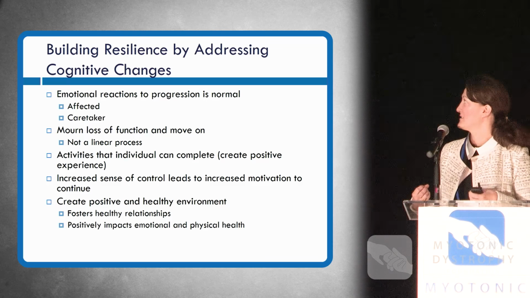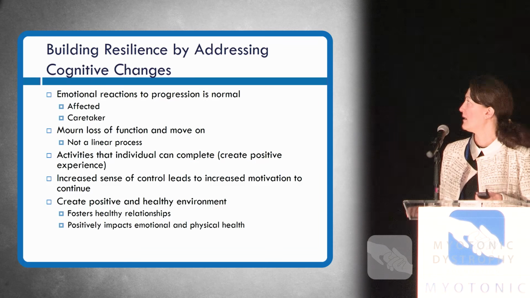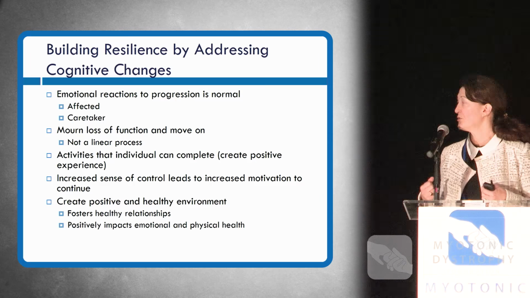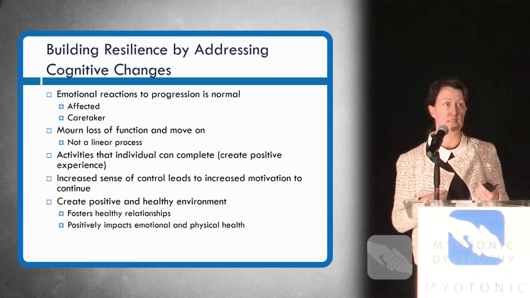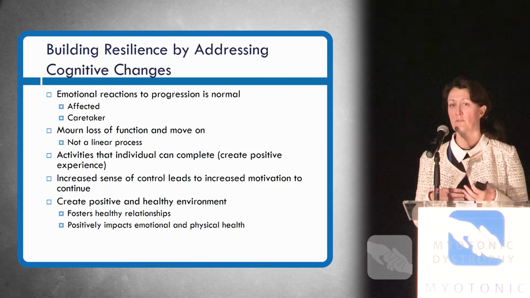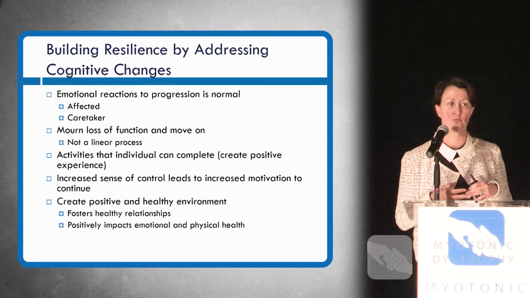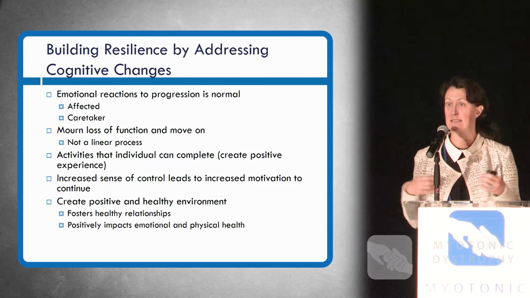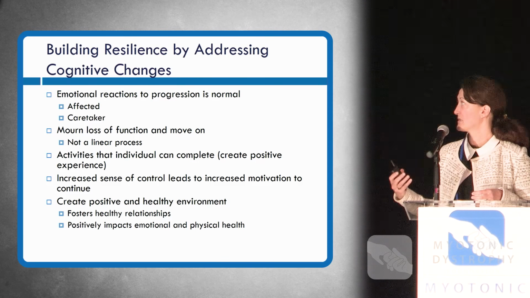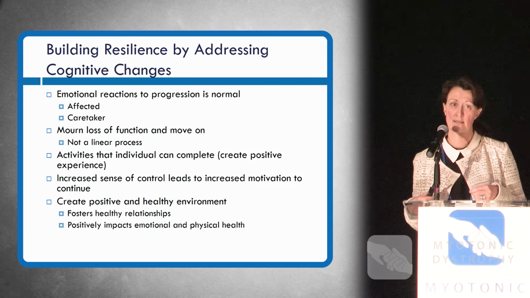So additional ways to build resilience to address cognition and cognitive change. We want to understand that emotional reactions to the progression of disease are normal. That's normal. And it's normal for both affected individuals and for the caregiver, and it's normal for your extended team. And again, back to this idea of mourning loss of function and moving on, and understanding that that's not a linear process.